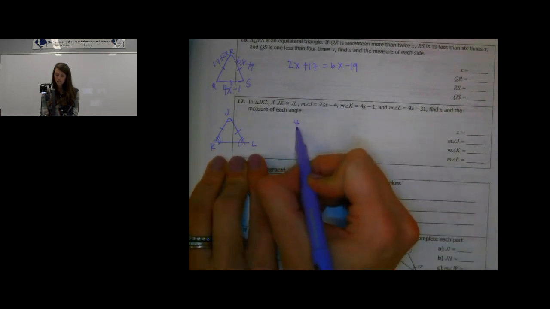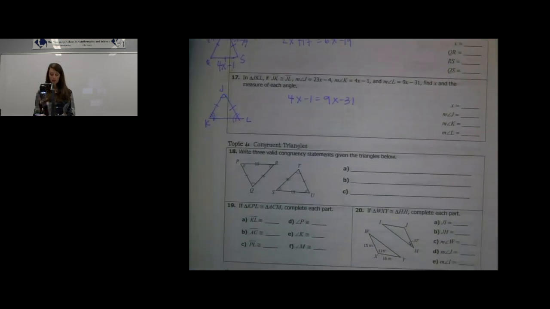The measure of angle K and the measure of angle L are going to be equal to each other. That's why it's important to draw your picture to know which one to set equal to each other. Here it matters. My only two things that are equal to each other are going to be K and L. So 4x minus 1 is going to be equal to 9x minus 31. It's the only way I would be able to solve that one. And then solve for x there.